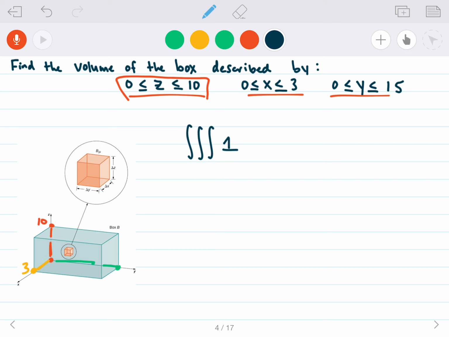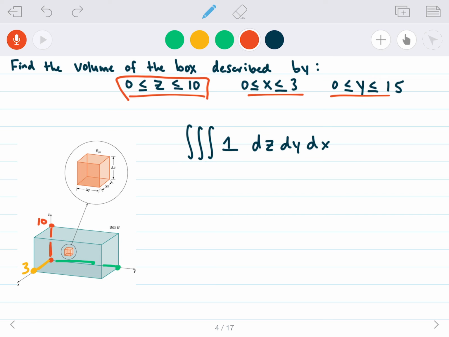And it doesn't matter what your order of integration is going to be. So I'm going to do dz, dy, dx. So I'm going to integrate with respect to z first, then I'm going to integrate with respect to y, and finally with respect to x. But it doesn't matter how you order them, as long as your bounds are in the appropriate spots up here.